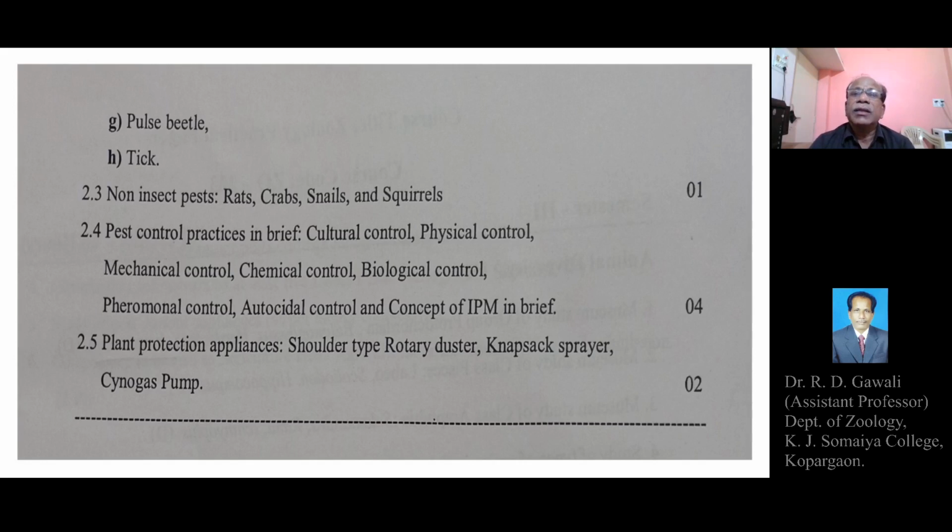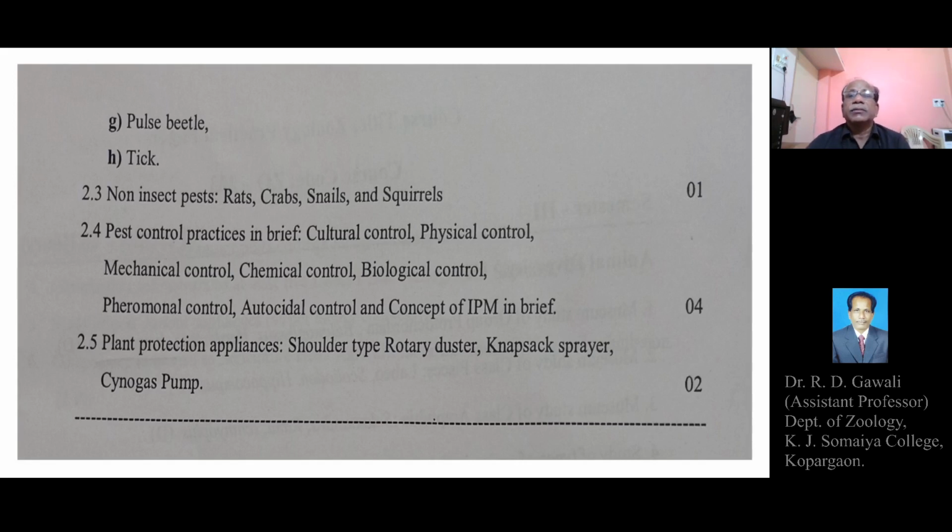Ticks are blood feeders and suck the blood from these domestic animals, causing loss of blood and anemic conditions, or also transmit certain disease causing agents like babesia.